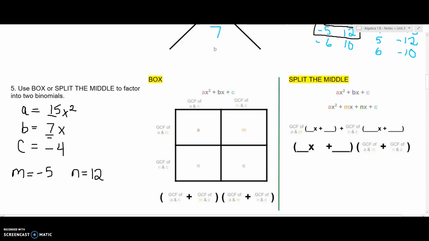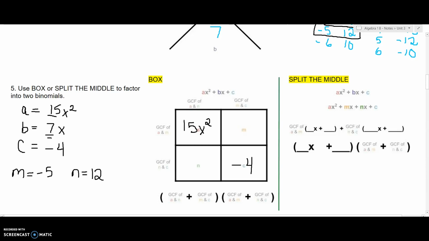And in the box, this is similar to how we learned to use a table to FOIL. I'm going to start by putting my entire A term in this first box. And I'm going to put my entire C term in the bottom left box. Now, just like when we FOILed, our M and our N, or the terms on this diagonal, had an x with them.